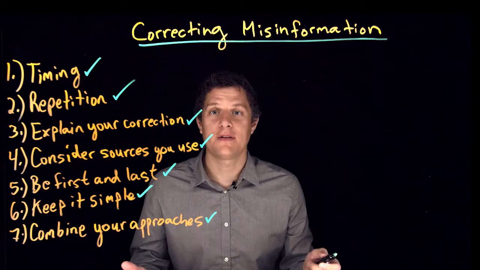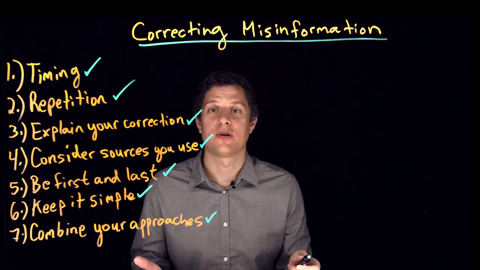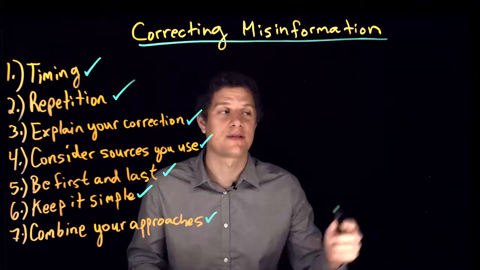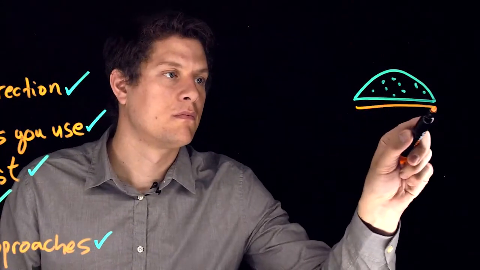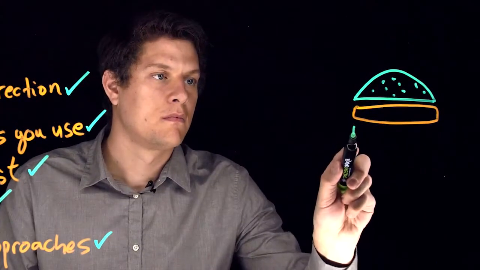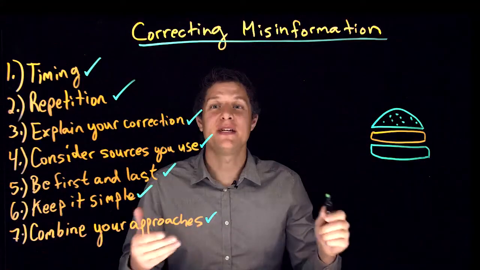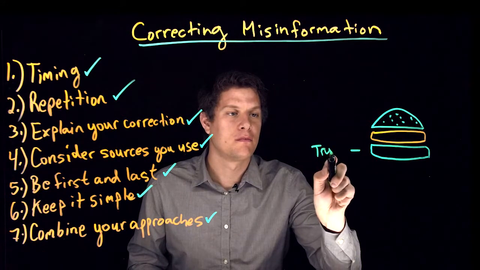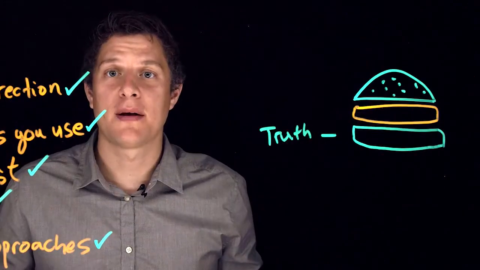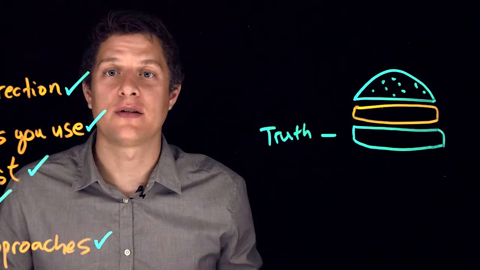A great example of this is the truth sandwich, which involves 3 steps. You begin by starting with the truth. People tend to remember the first things they hear when presented with a message.